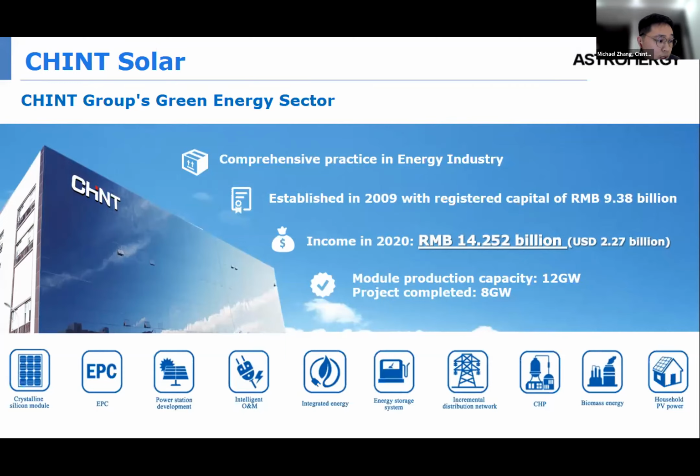We now have a module production capacity of 12 gigawatts and a solar project completed of 8 gigawatts. And here are 10 symbols which represent the 10 major businesses we have in China and in the world.